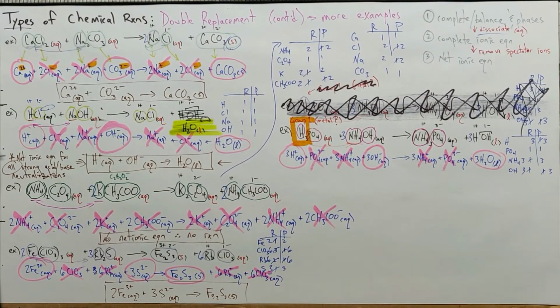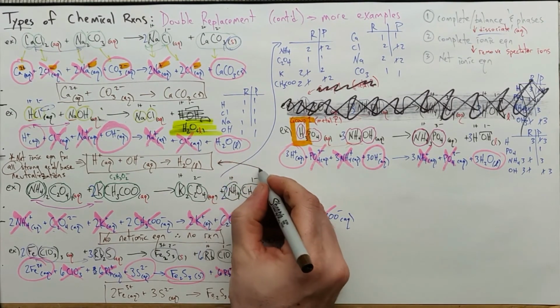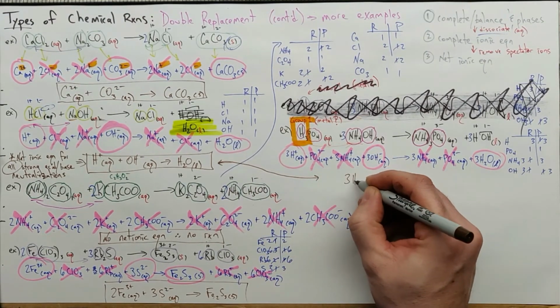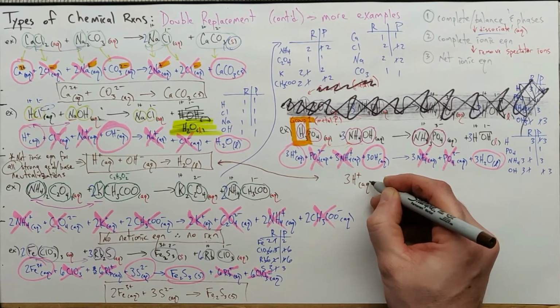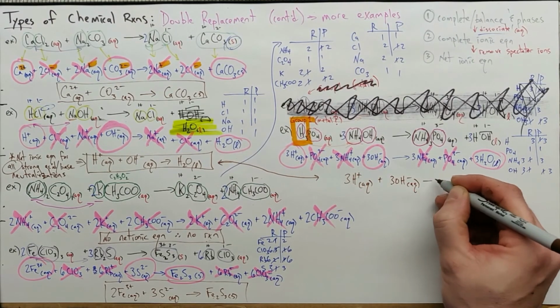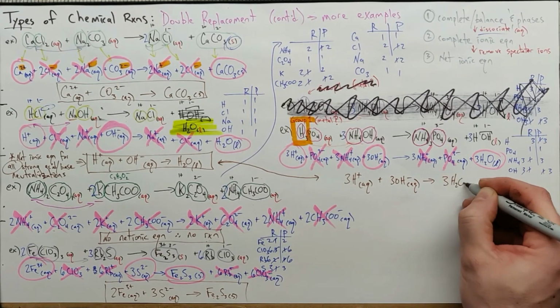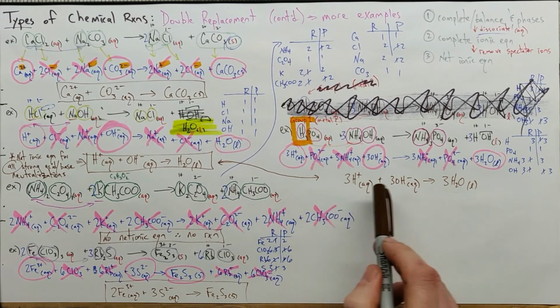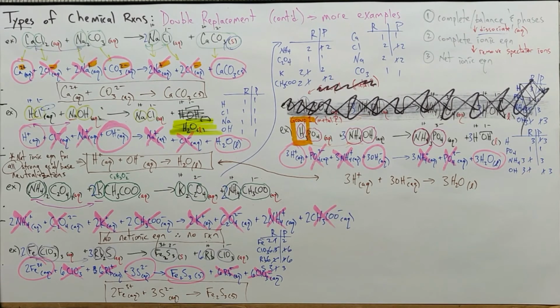So if you look right here, we're ending up with 3H plus and 3 hydroxides, giving us 3 waters. And hopefully you say to yourself, well, if it's a 3, a 3, and a 3, we can reduce that to a 1, a 1, and a 1.